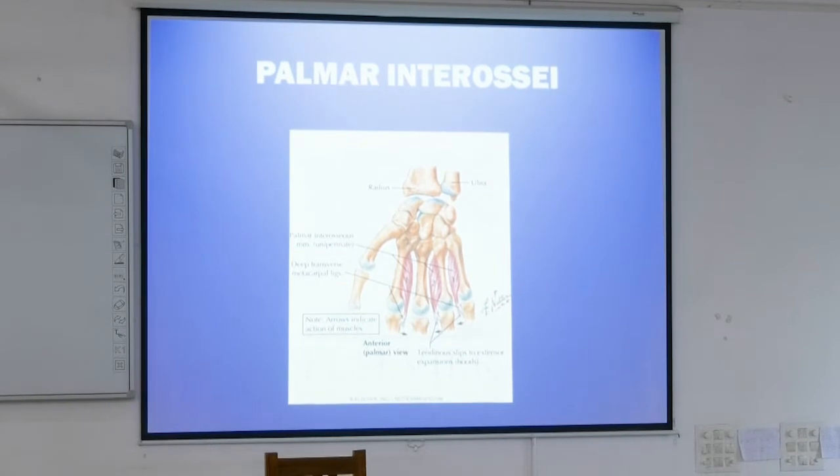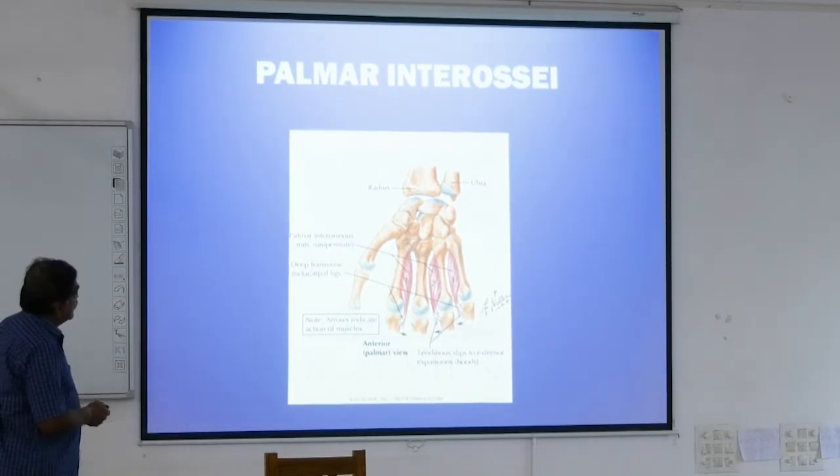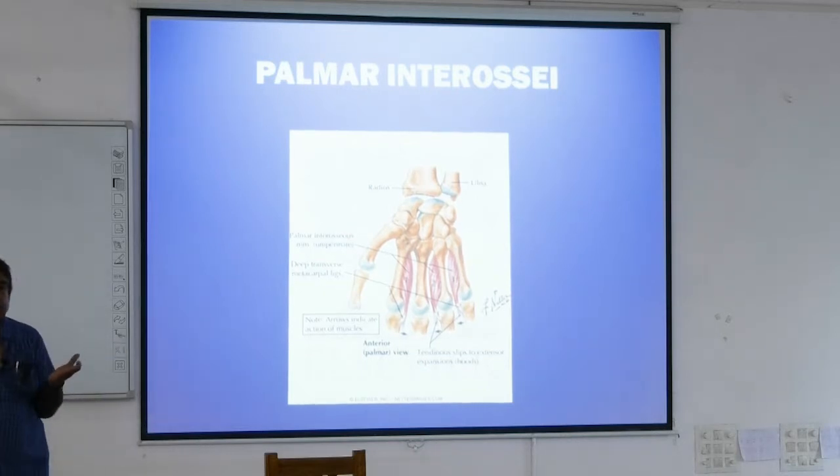Now, palmar interossei. These are the palmar interossei muscles. Bipinnate and unipinnate muscles are here. You see, when you open in the dissections, you will be seeing them individually.